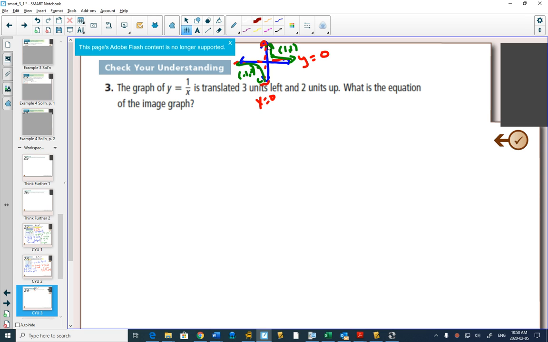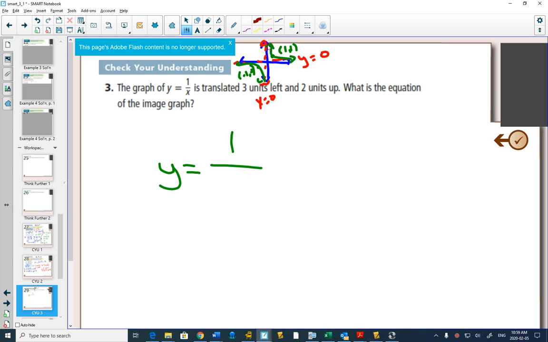Boom, that picture comes into our mind. It's been translated 3 to the left and 2 units up. What is the equation of the image graph? If you moved it 3 to the left and 2 units up, how would you write that equation?